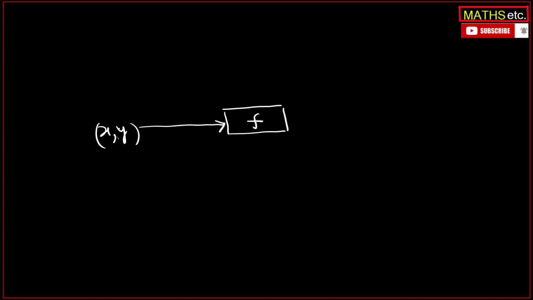This ordered pair enters the machine system, and we get an output in the form of z, right? So here the xy variables represent the input to this machine, and the z variable represents the output of this machine. We can see here that the input variables take independent values. The output variable z depends upon the value of the input variables.